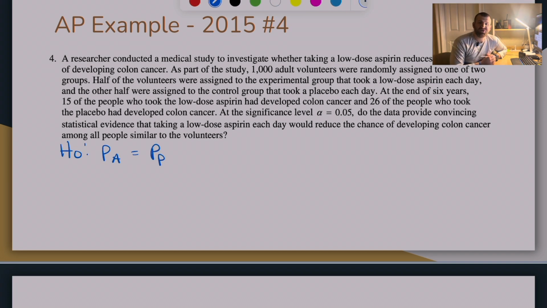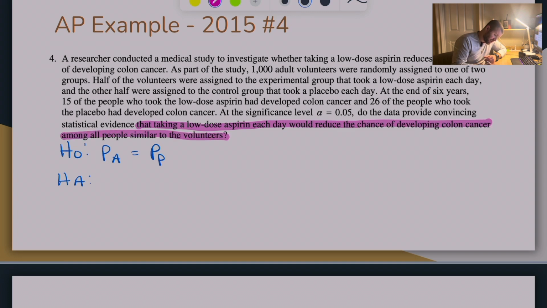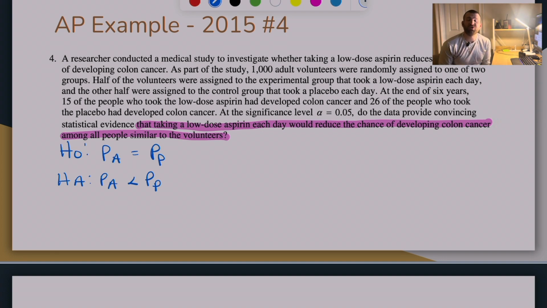And here I'm using subscripts that make sense, the A for aspirin and the P for placebo. Now, based on this question, does taking a low-dose aspirin reduce your chance of developing colon cancer? So my alternative would be P sub A less than P sub P, right? I would have a lower proportion of people with colon cancer.